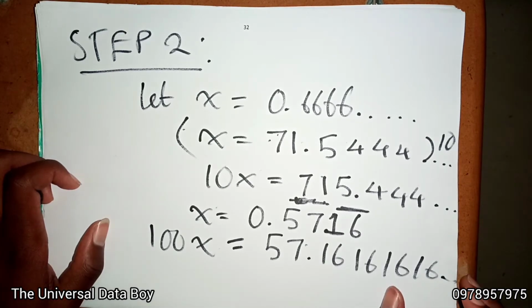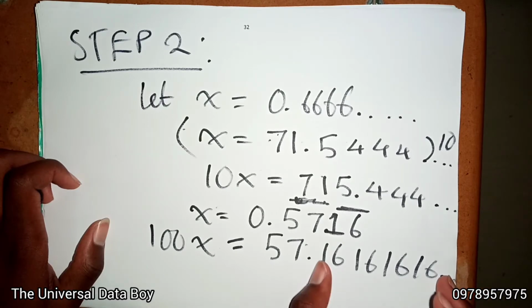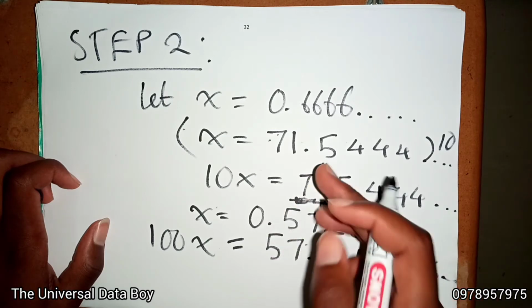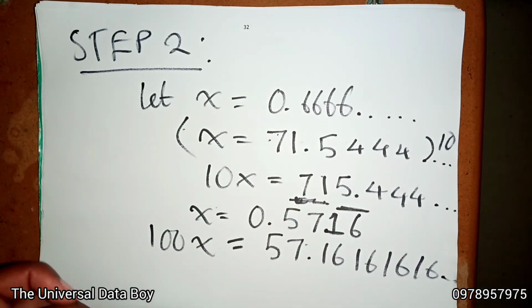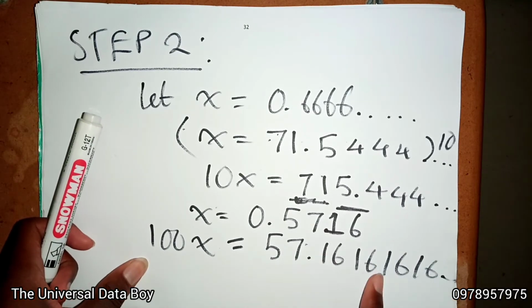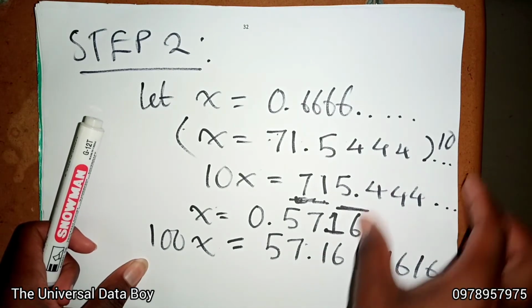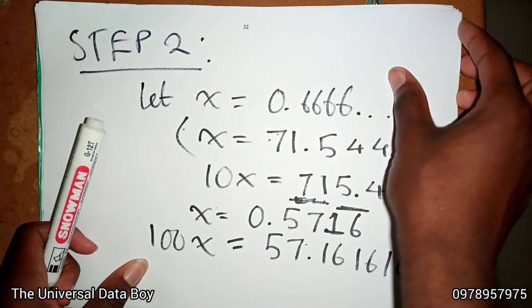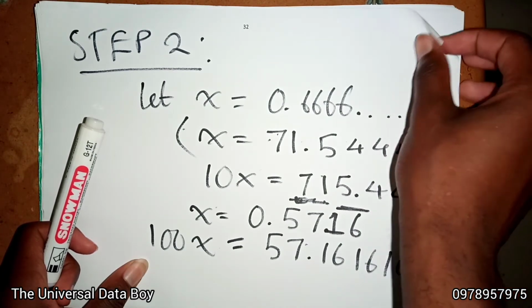This is so that you can have repeating numbers just after the decimal, so that in step 3 you're going to see how we subtract these, and then they're going to cancel out, and we're going to remain with something that doesn't actually have repeating numbers.